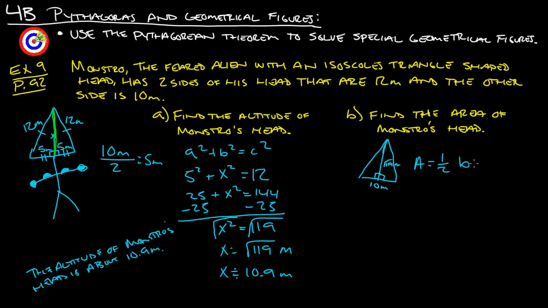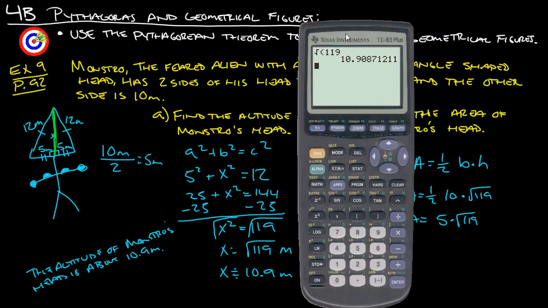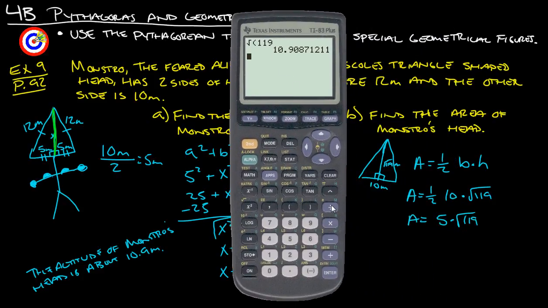So area is going to be 1/2 the base times the height. In this case, area equals 1/2 times the base, 10, times the height, which is square root of 119. So area equals 5 times square root of 119. Let's go back to our calculator.